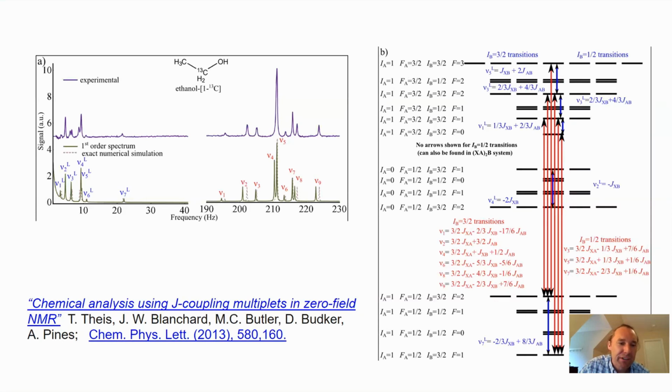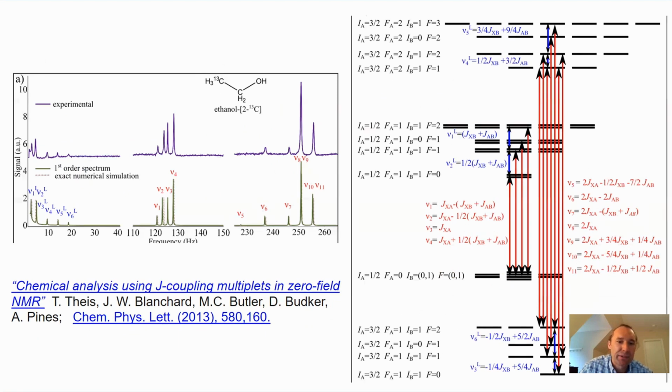Even for these more complex systems and the additional splittings, you can work out all the selection rules, work out all the different kinds of angular momenta that are involved, and then find exactly the energy level diagram for these systems. For carbon-13 labeled ethanol, even though it's a relatively small molecule, this very quickly becomes complicated.